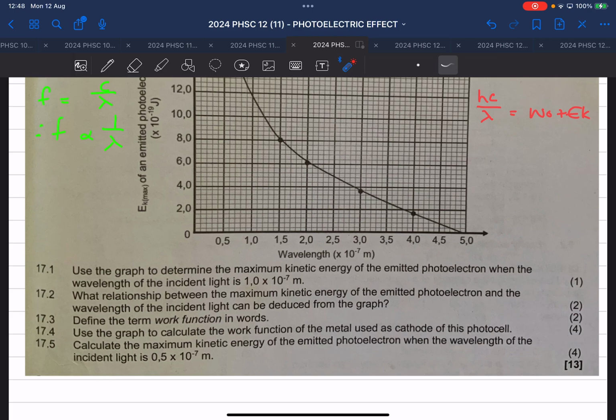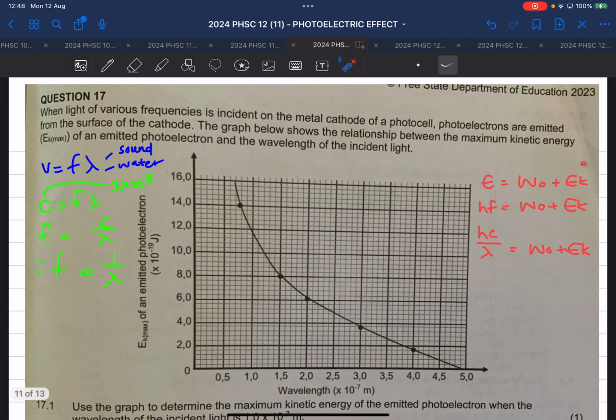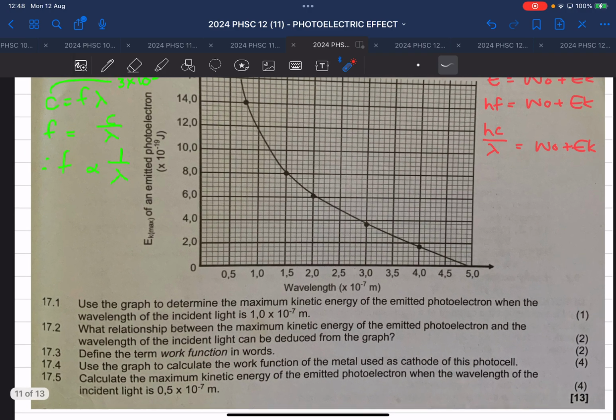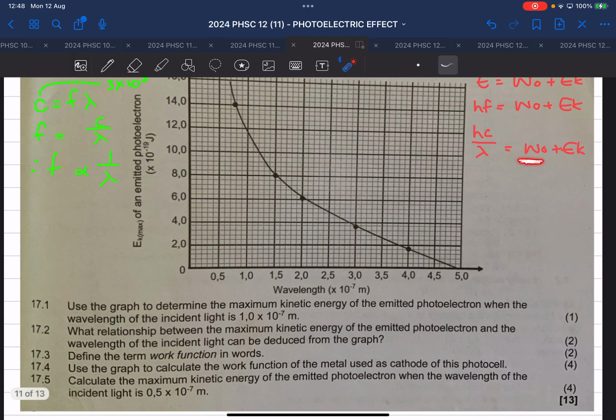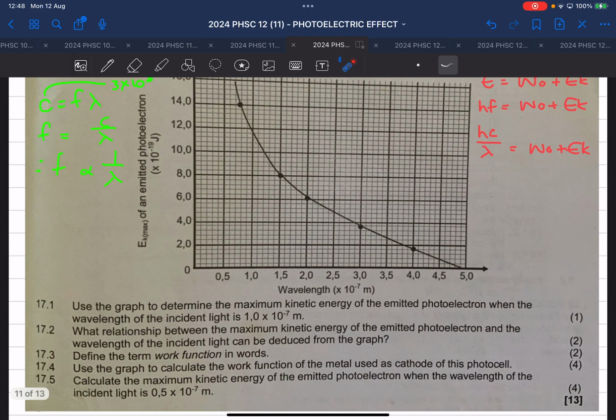You have this on your data sheet, and then you have E is equal to this on your data sheet, and then you substitute that in there. If it is the exam, you can just write this. Alright, now you have to calculate the work function. So then you will have the work function there.